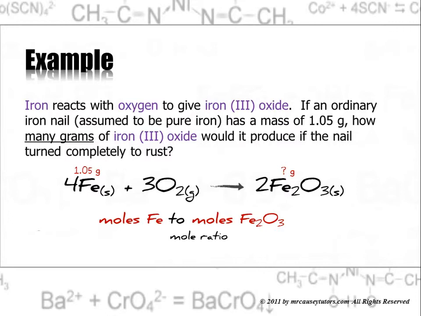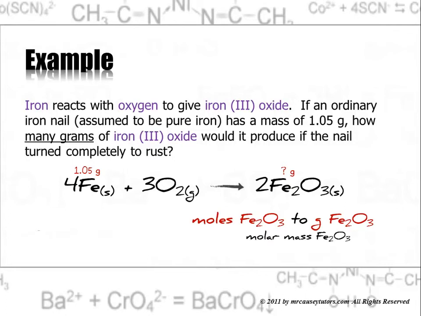And the mole ratio in this case is 4 moles of iron to 2 moles of iron 3 oxide. Then I'm going to take the moles of iron 3 oxide and change it to grams of iron 3 oxide. And for that I'm going to use molar mass, which is 159.7 grams per mole. And that's just by adding everything up in that molecule, or actually that's a formula unit.